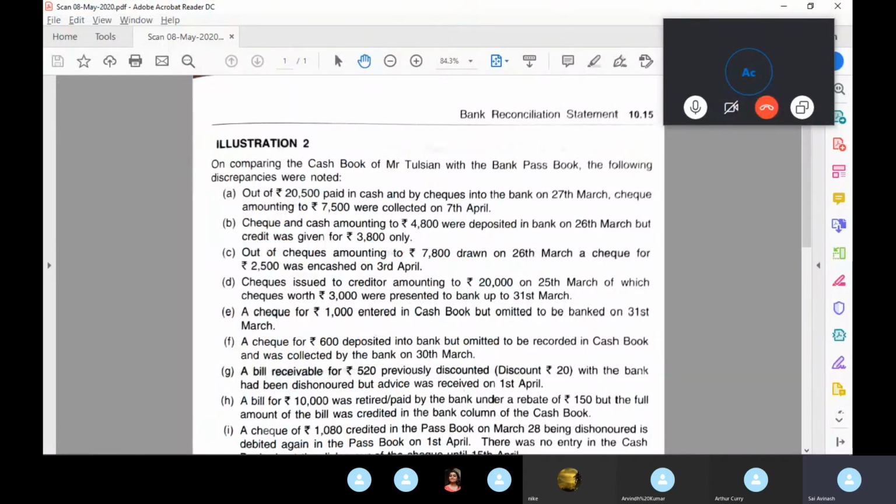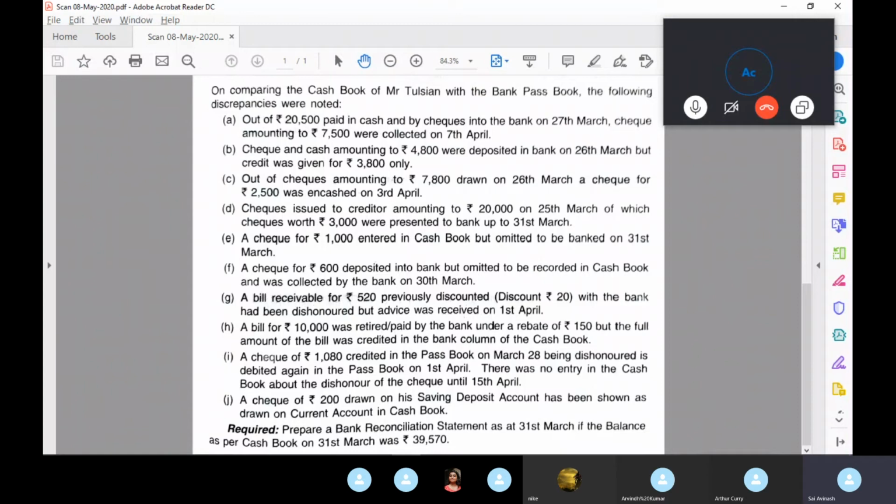Okay. So let's go on to transaction number E. A check for 1,000 entered in cash book, but omitted to be banked on 31st March. So the moment that I have entered something in my cash book, my balance is increased, right? So my cash book has increased by 1,000, but my bank has not increased, which means bank is lower, right? So I will have to reduce my cash book to match with my bank.